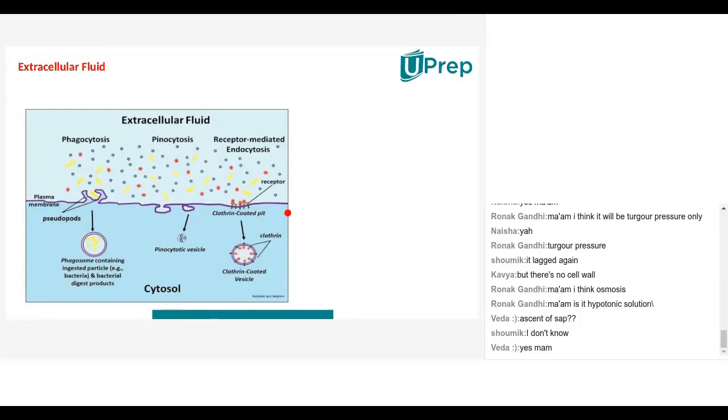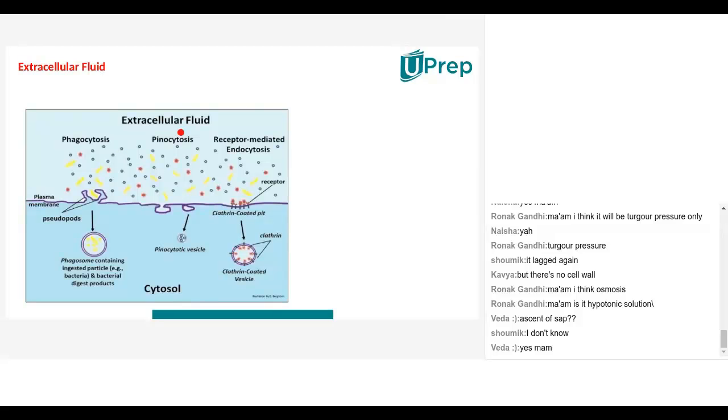This dark blue part is the inside of the cell. Cytosol is nothing but the cytoplasm of the cell. And this is all the extracellular fluid. Extracellular means outside the cell. This light blue shaded part is outside the cell, and this is inside the cell. In between you have the plasma membrane.